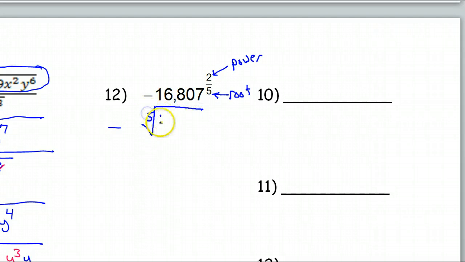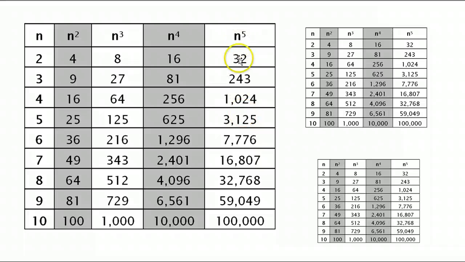So the 5th root of 16,807, and then power of 2. So I will do all this to the 2nd power. Notice this negative sign stays out front. It's not in here. So let's go ahead and do the 5th root of 16,807. Looking at the table, 5th root of 16,807 is 7.